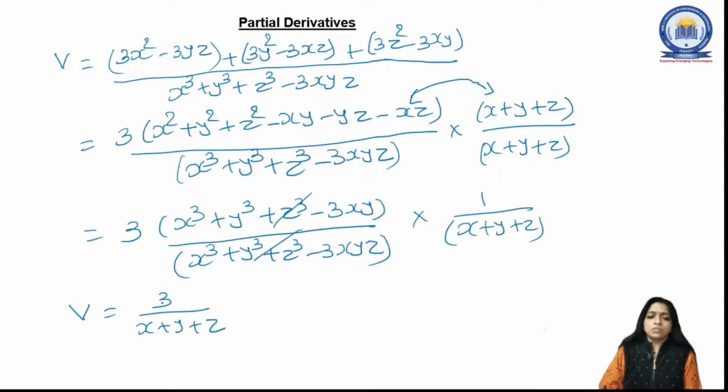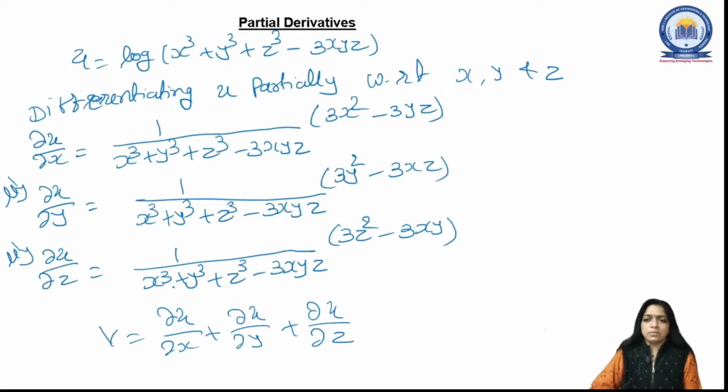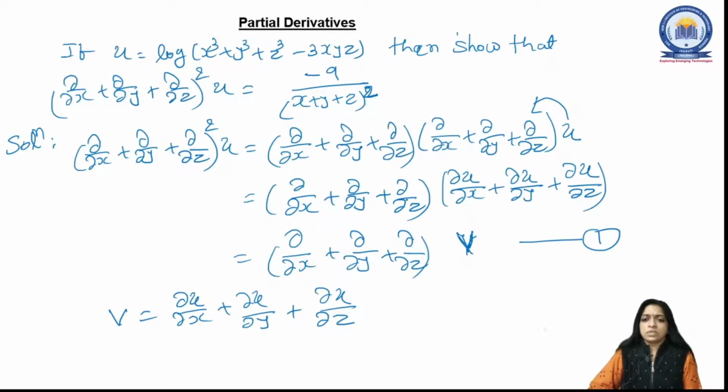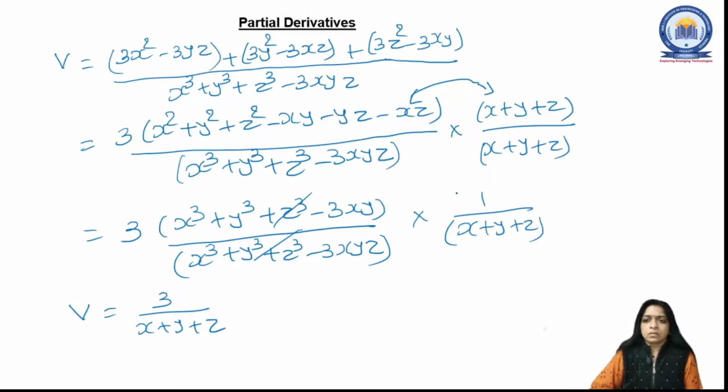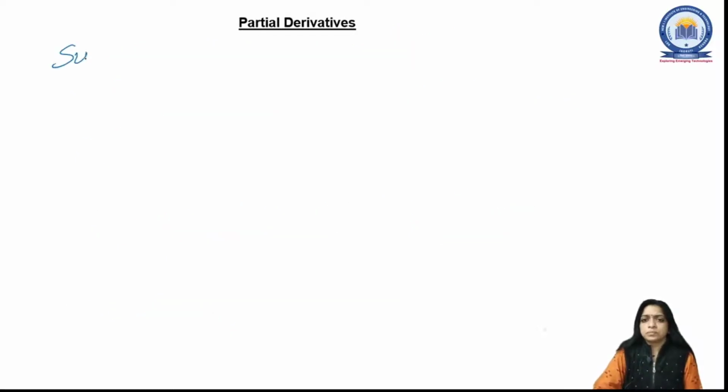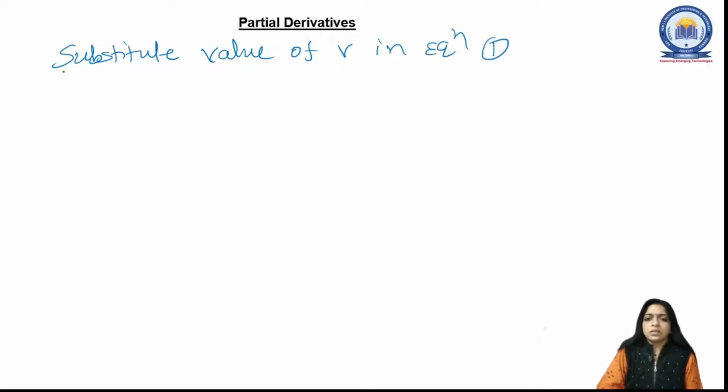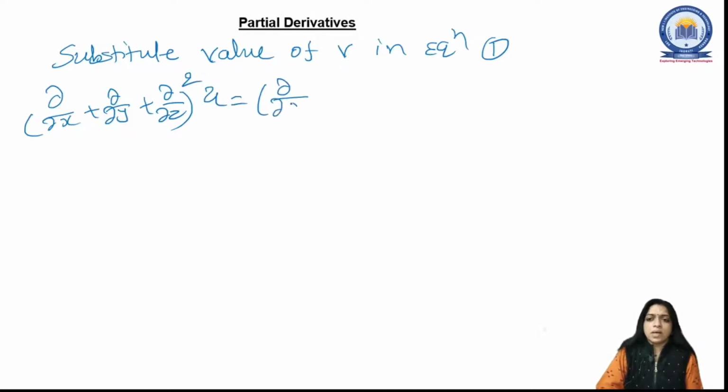Now I am going to substitute the value of v in our given equation 1. (del by del x plus del by del y plus del by del z) whole square into u is equal to (del by del x plus del by del y plus del by del z) into v, and v is 3 upon x plus y plus z.